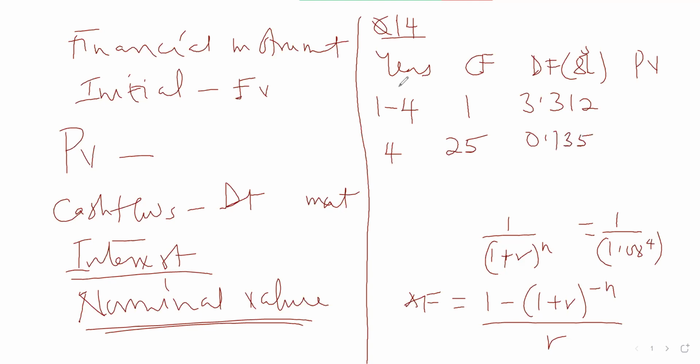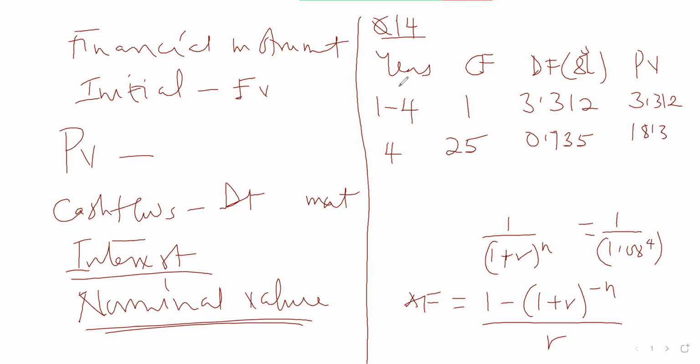Okay. So for us to find our present value, it is the cash flow times the discount factor. So this will be 1 million times 3.312, and this will be 25 million times 0.735. What are we getting? 18.38.